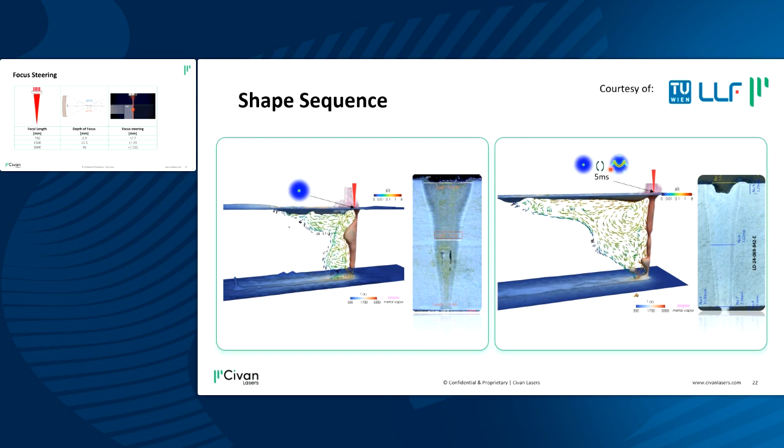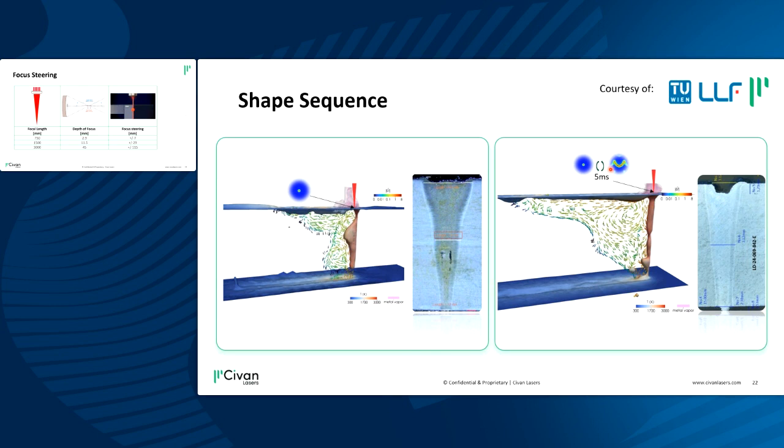The bottom line is that we can reach a very large depth of focus, which gives us several benefits, either in welding of very thick sections, so we can get a uniform power distribution in all of the wall of the part that we are welding, but also in other applications which are very relevant for additive manufacturing. For example, when using a galvo scanner, we are able to compensate for the movement of the Z-axis electro-optically by the use of focus steering.